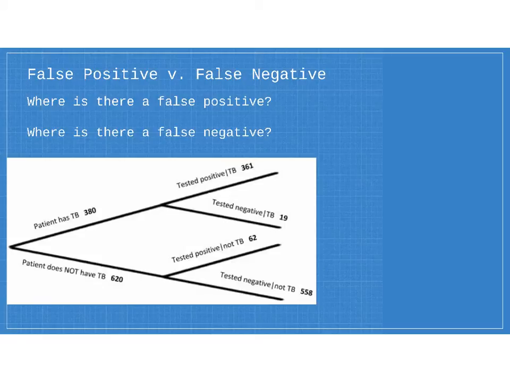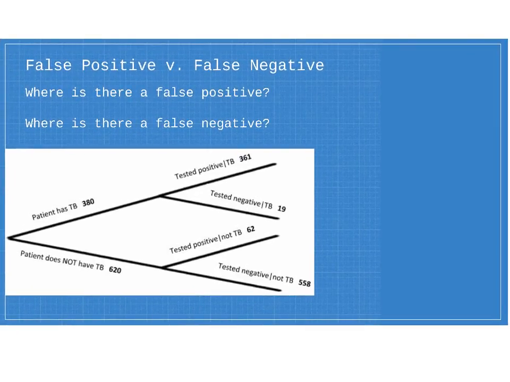Okay, so yeah, the false positive is the one where there's 62 people. And really what that states is they tested positive, but in reality, the patient doesn't have TB.